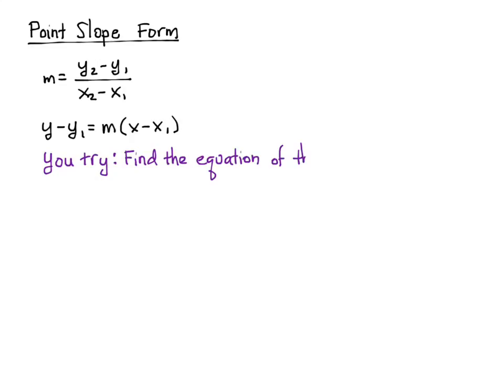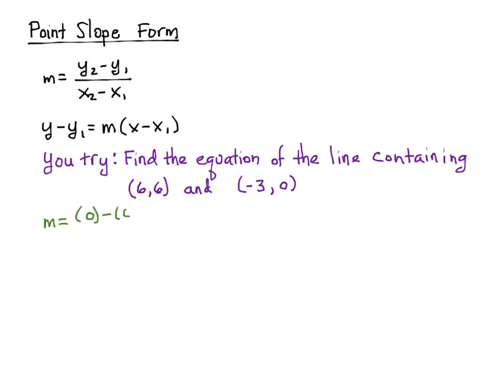Okay, so find the equation of the line containing (6, 6) and (-3, 0). So how would you do that? The first thing we do is we calculate the slope.